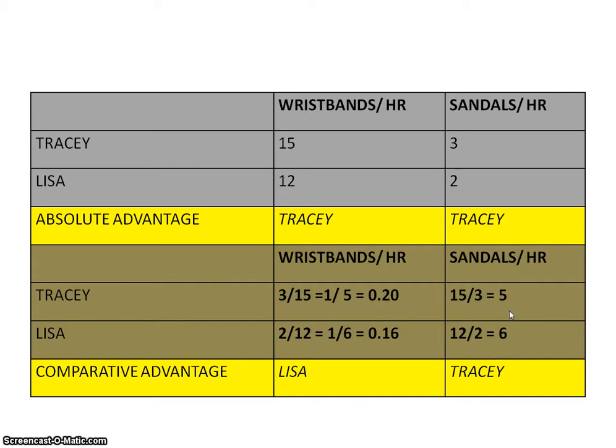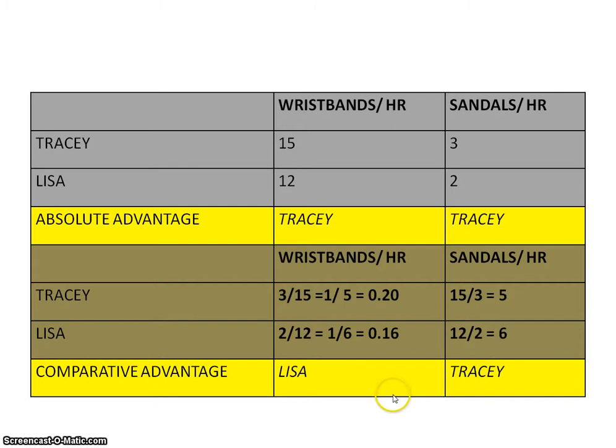For every unit of sandals that Tracey produces, she forfeits 5 wristbands, whereas Lisa gives up 6. So Tracey is able to produce sandals at a lower opportunity cost than Lisa. So therefore Tracey has the comparative advantage in sandals.